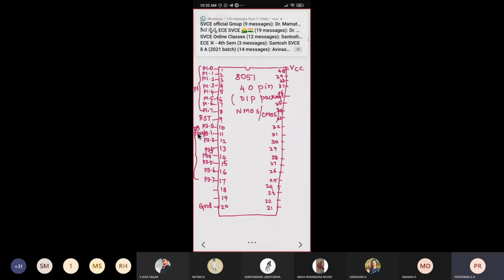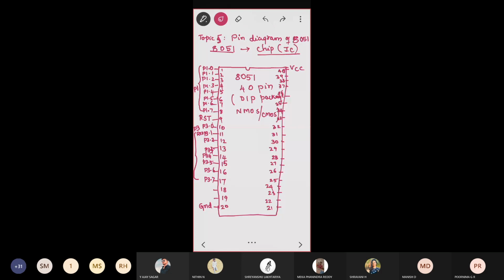This first pin P3.0 does another function also, RxD. So P3.1 does another function as TxD. P3.2 is INT0, and this pin's other function is INT1.